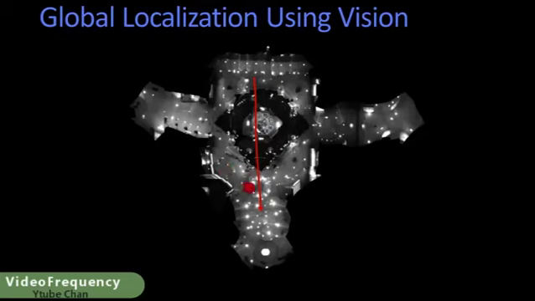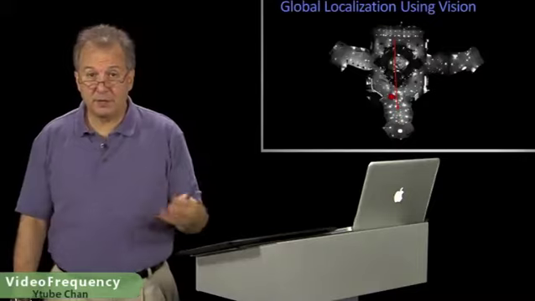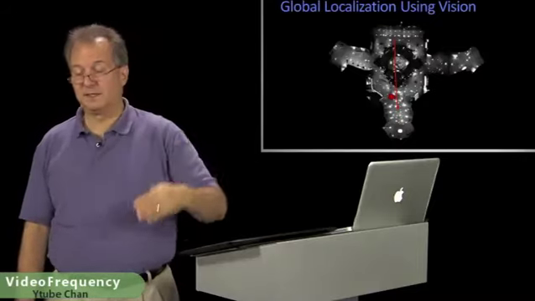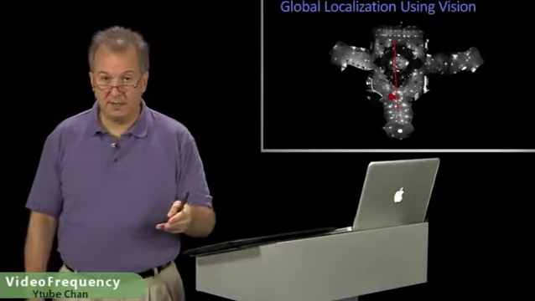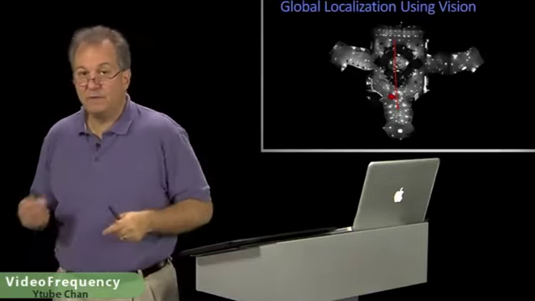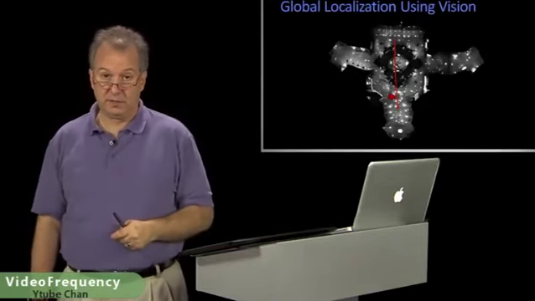What's interesting is, so we have this map of the thing. We can compare two things. The robot knows the commands that it gave to its wheels. Okay? So it knows how far it thinks it went. It also knows how much it thinks it turned. You guys have an odometer in your car? Odometer measures distance. Odometry is when you measure how you think you moved based upon how your wheels turned.